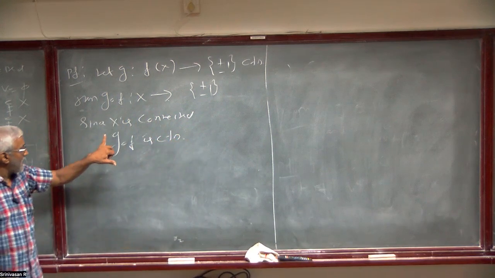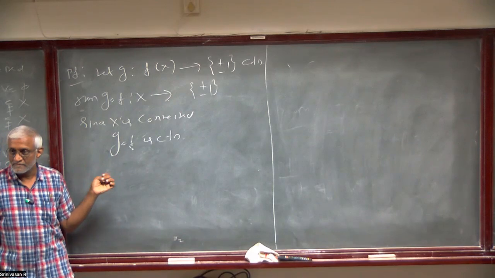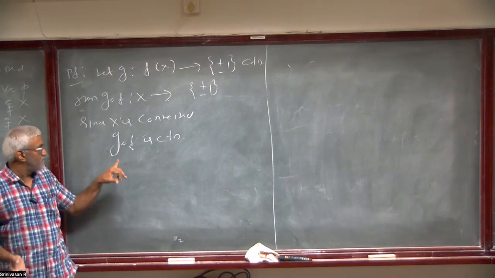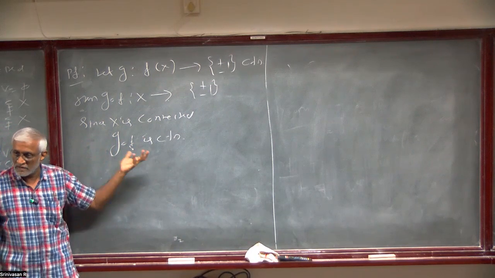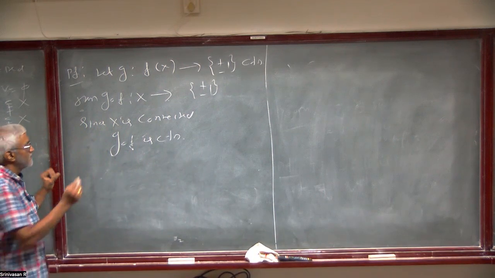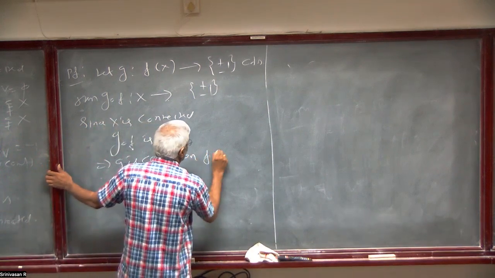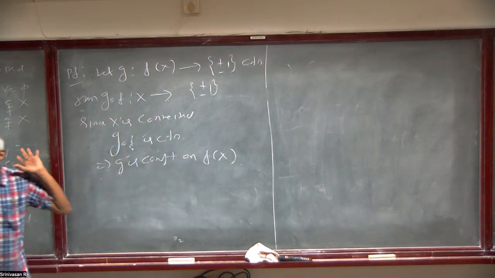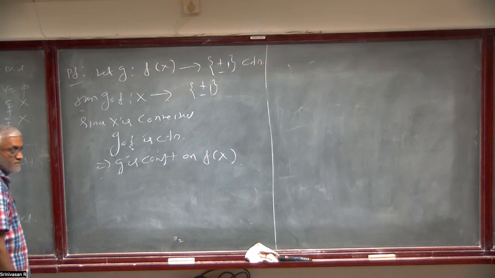If g were not constant on f of X, there would be f of x1 and f of x2 such that g of f of x1 and g of f of x2 are different, meaning g of f is not constant. You just write the definition, it follows. So g is constant on f of X. We are only talking about f of X, the range of f. If f is onto, of course, Y is also connected. So the proof is over.